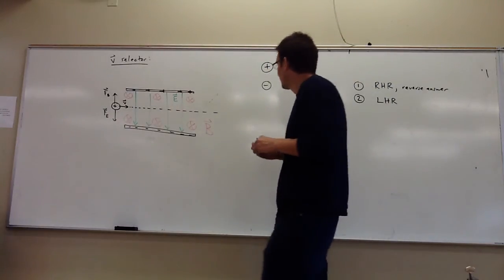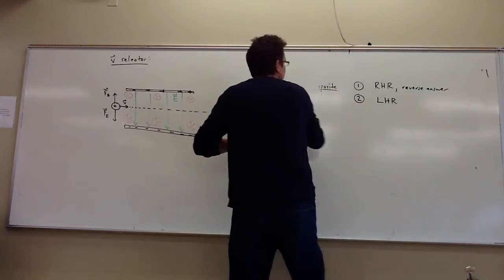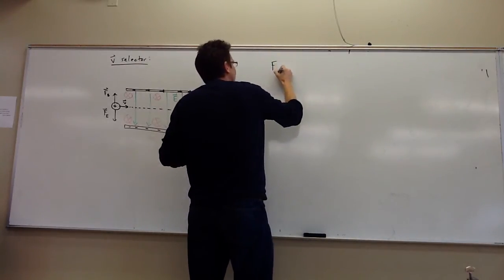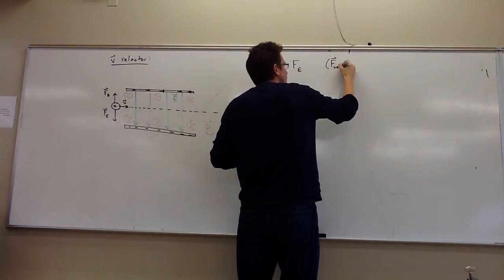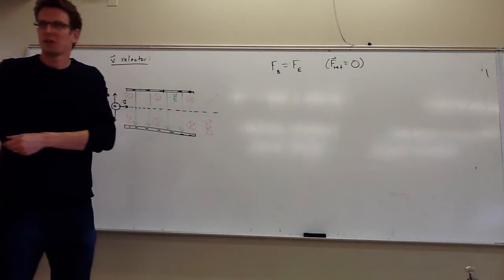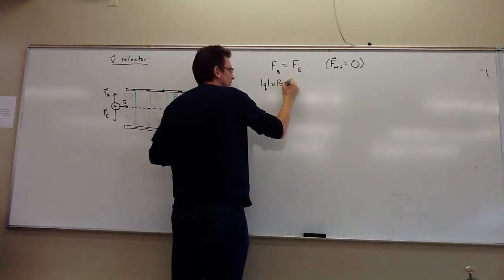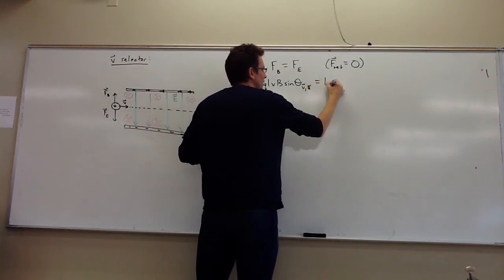So then the question becomes, under what conditions can those two forces cancel? Well, let's solve. When is FB equal to FE, which is to say that the net force is 0? We can plug in our two force laws: QVB sine theta and QE.